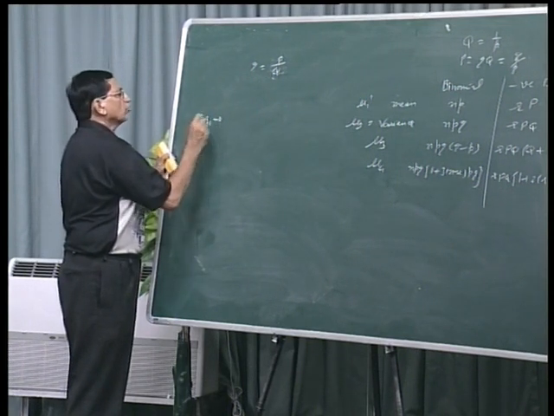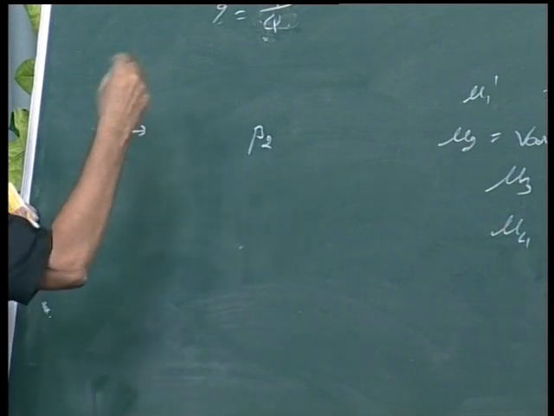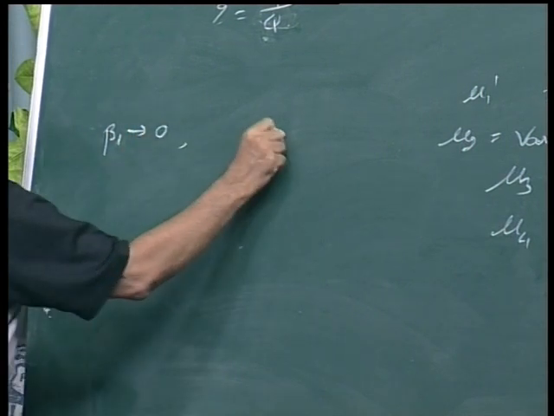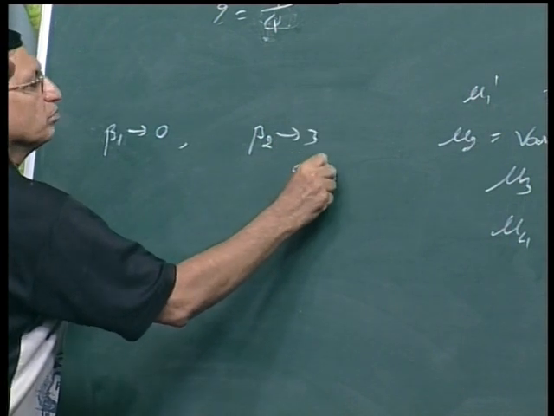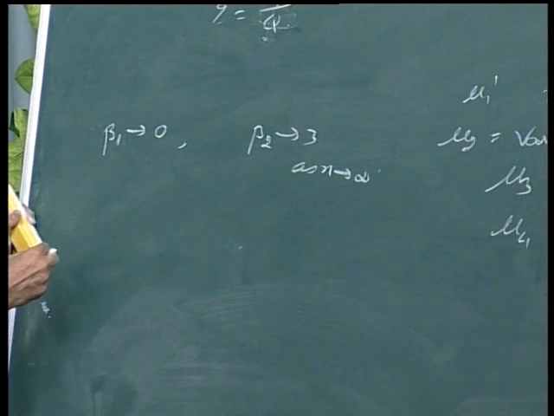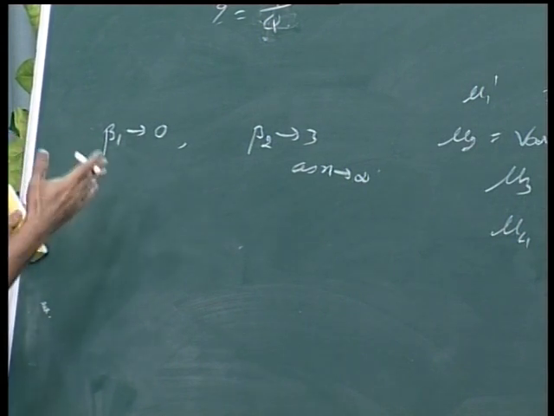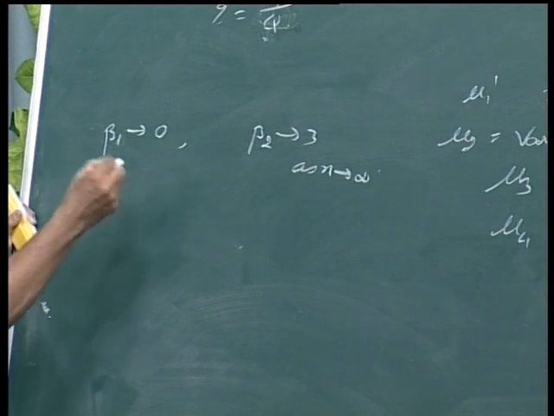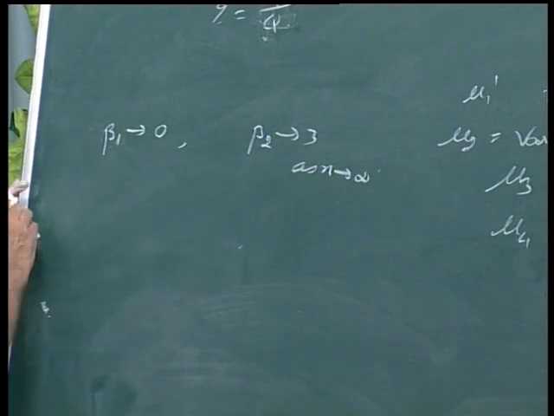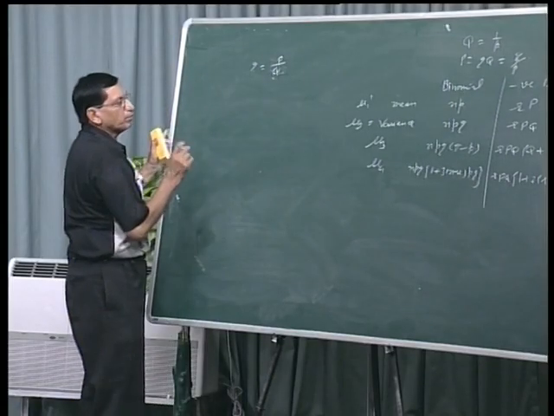last time we have discussed also beta 1 and beta 2. So in binomial distribution, beta 1 tends to 0, beta 2 tends to 3 as n tends to infinity, and therefore binomial distribution approaches normal distribution for large value of n. Here also, let us try to find this type of property.